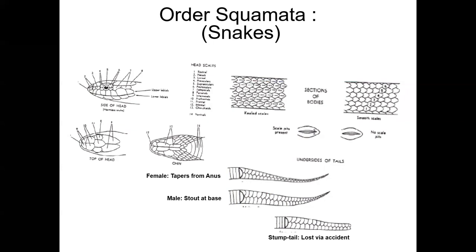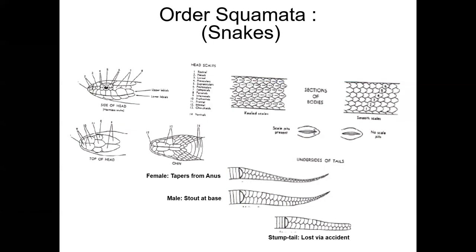Other species will bite them and inject a venom, chase the animal down, find it when it's deceased or at least paralyzed, and then ingest the animal. Some species of snakes have specialized jawbones that can allow them to swallow prey that are many times wider or larger in diameter than the snake's head and body. And I'll show you some videos of that as well.